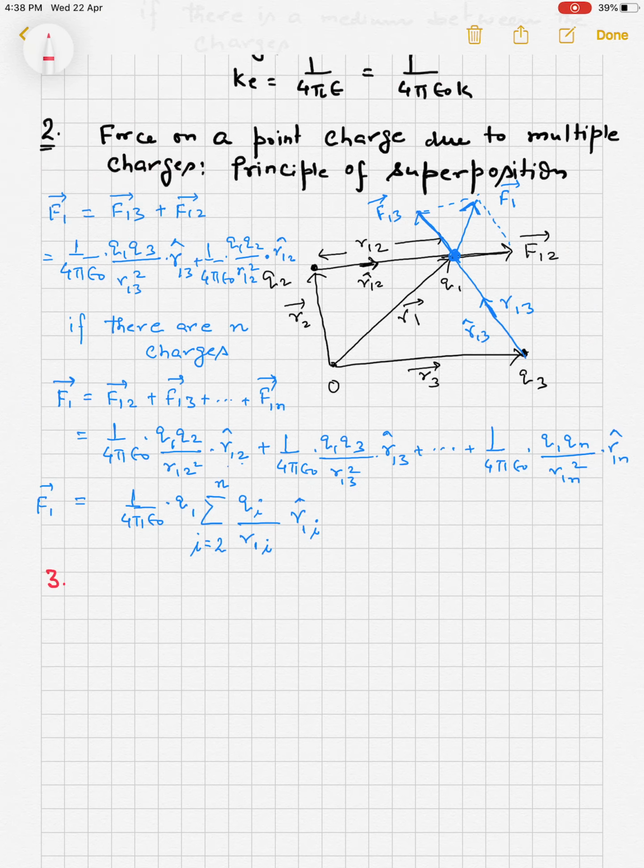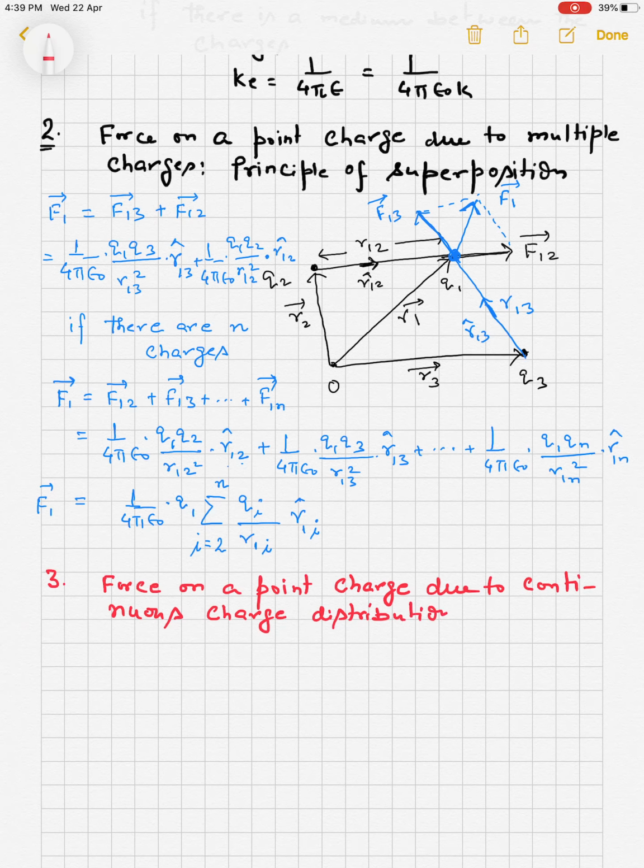The third concept related to this is force on a point charge due to continuous charge distribution.